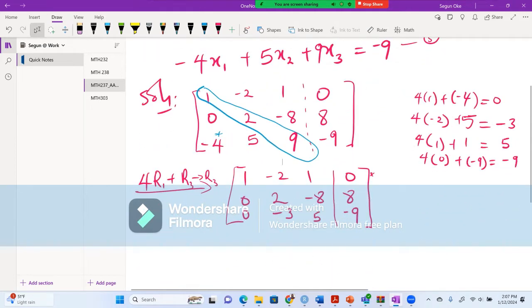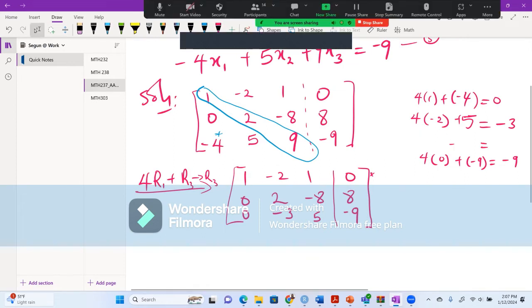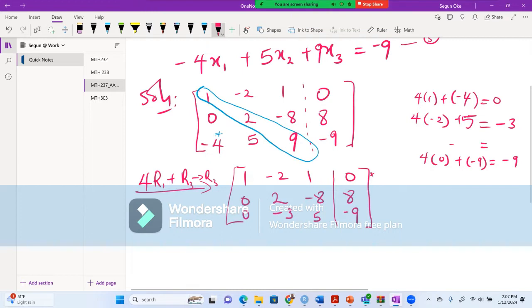So I have to recalculate this last row. Let me calculate the last one again.